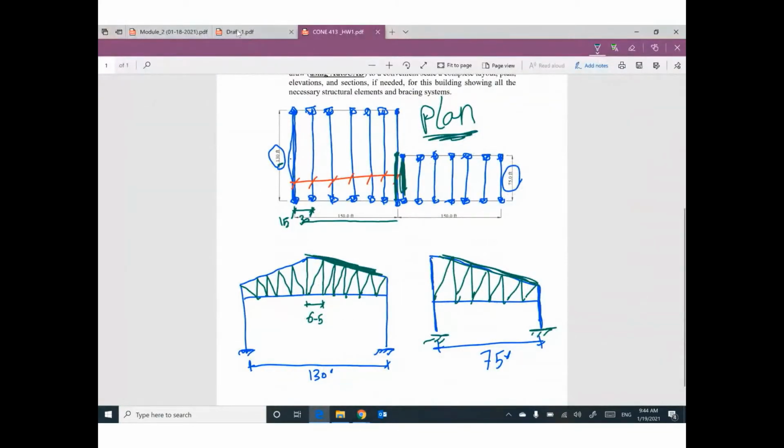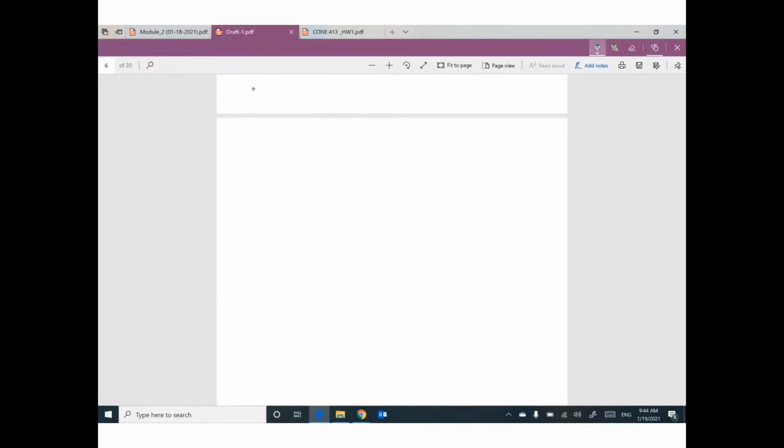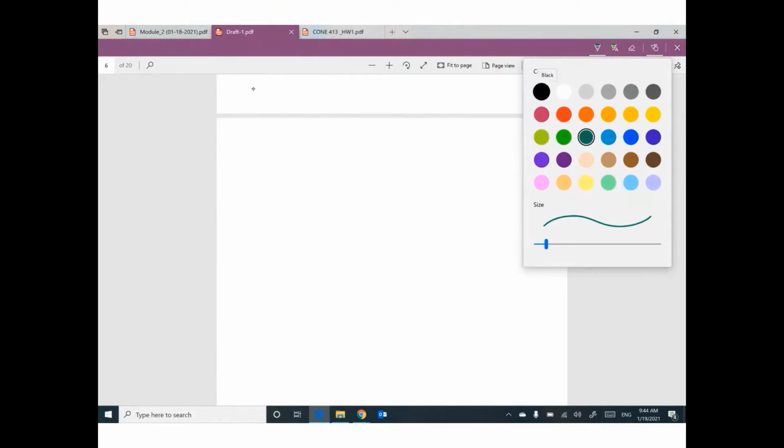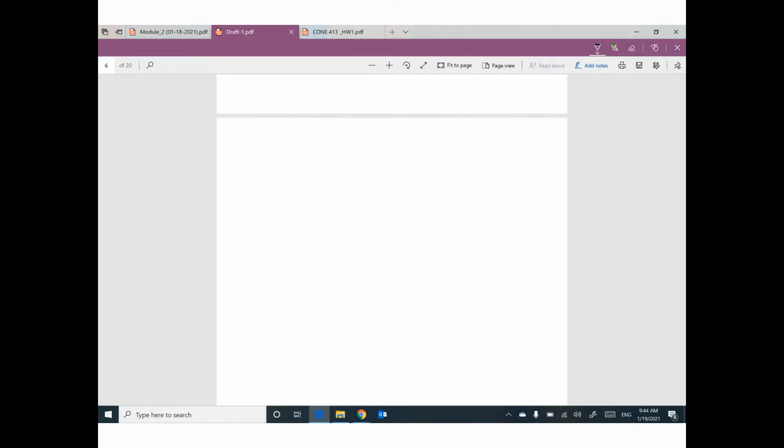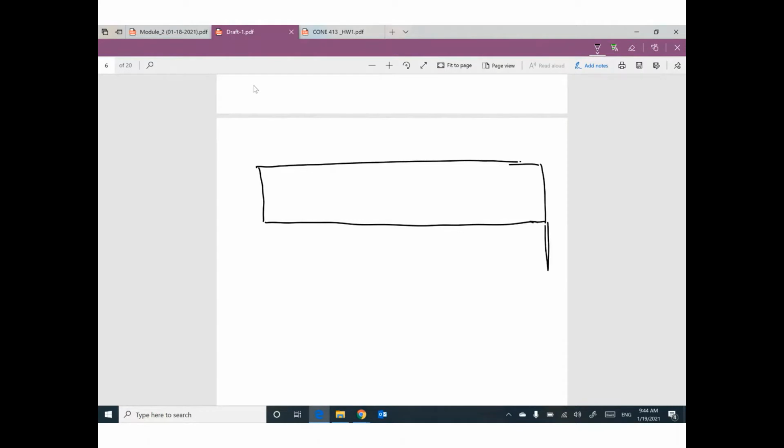Okay, I would like to give you a hint because this hint is very important. If you go to Walmart and watch the roof for Walmart, you can find the trusses. And this truss is supported here by a column and supported here by another column. And this truss is divided into intervals.